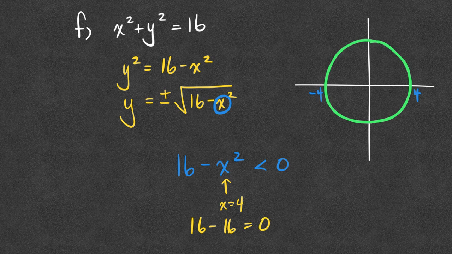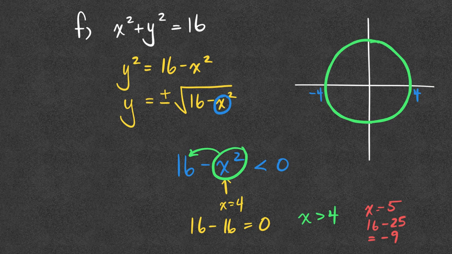That's okay. But as soon as I get a value a little bit bigger than 4, this bigger than 4 squared term is going to be larger than the 16, and so when I subtract it, I'll get a negative number. So, for instance, if my x value equaled 5, well, now I get 16 minus 25. I don't even care that it's -9.